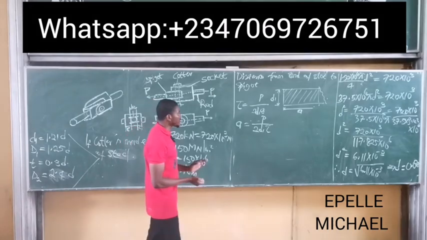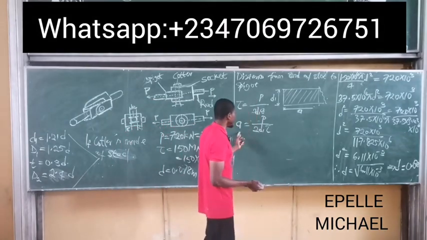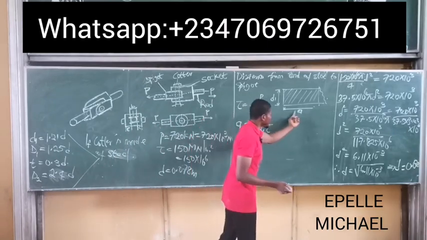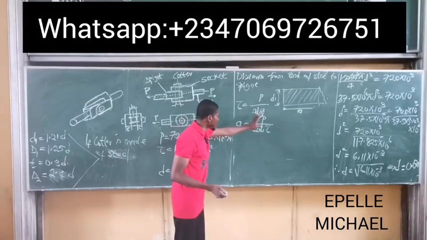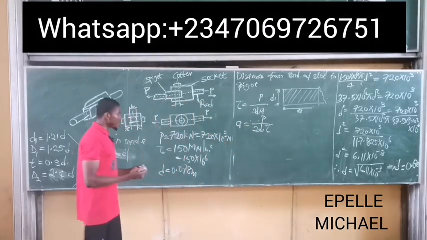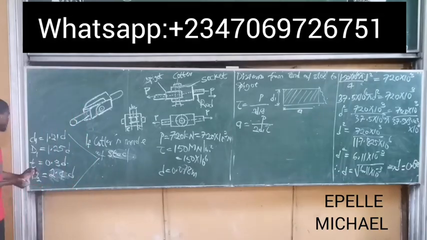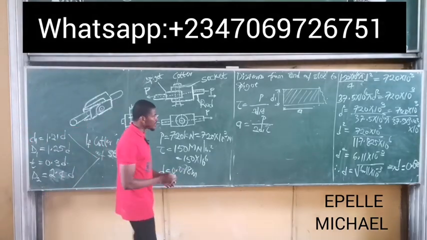So we need to design the distance between the spigot and the end of the slot, which is simply A. We make A the subject, shown here in the isometric view. It becomes P all over 2 D1 times shear stress. But what is D1? Numerically, D1 is given as 1.21 D, and we've obtained the value of D. So we can now compute D1.